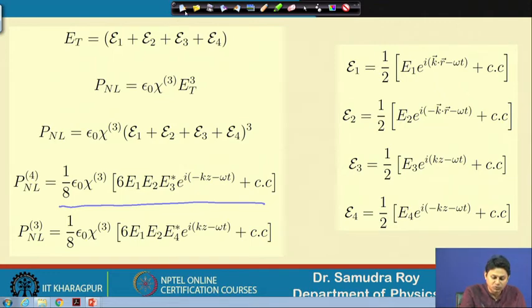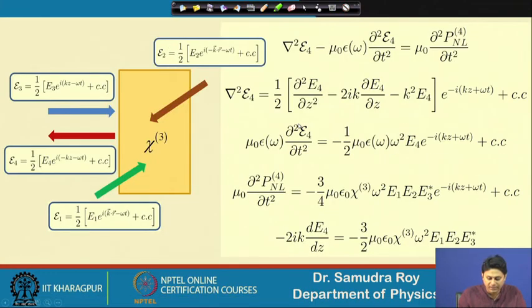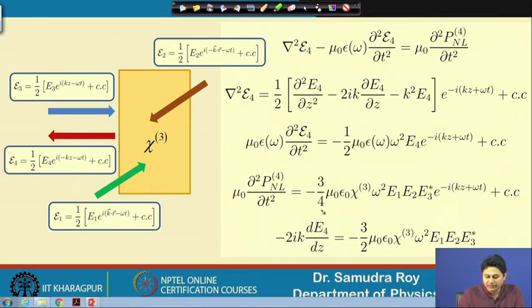So, we will do the same thing here in this slide, and if we do, we will find it should be 3 by 4. The 6 it was, if you remember, and there was the 8 term.